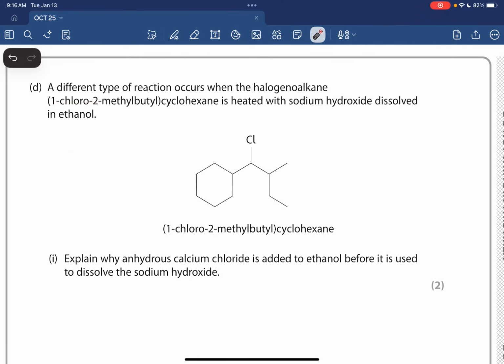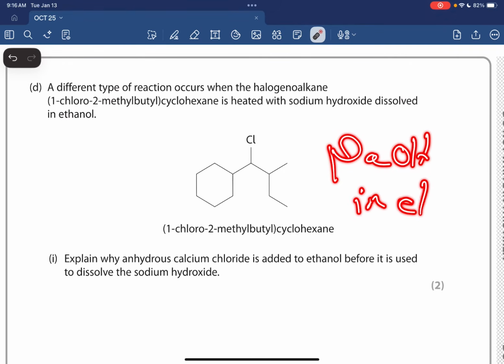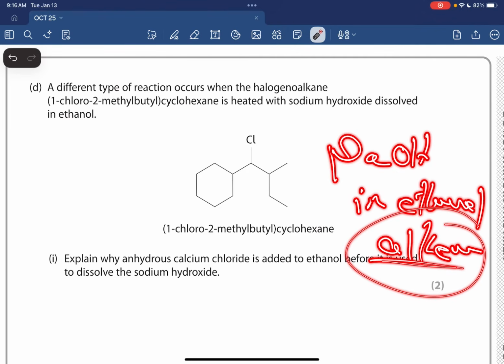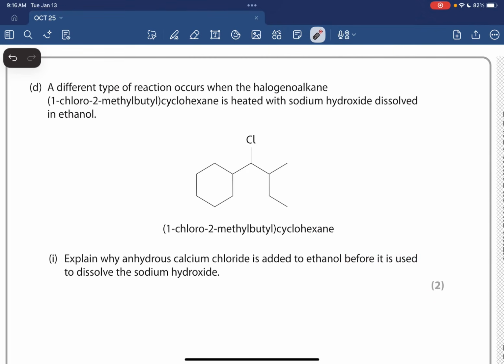NaOH aqueous should give you alcohol, but NaOH in ethanol should lead to the formation of an alkene. The first one given in the question led to the production of alcohol, but this would lead to the production of alkene.